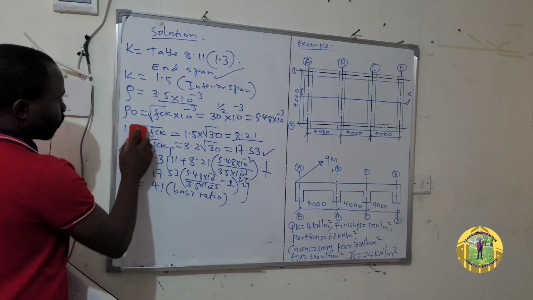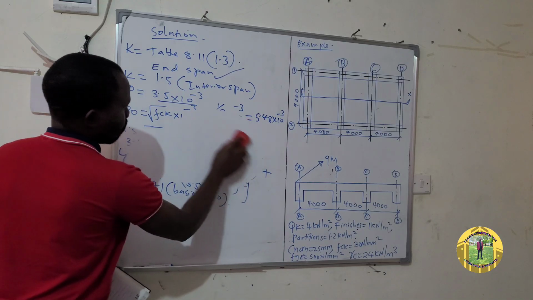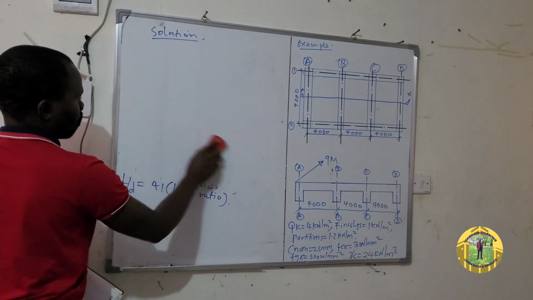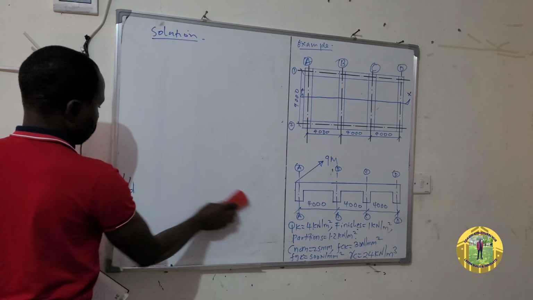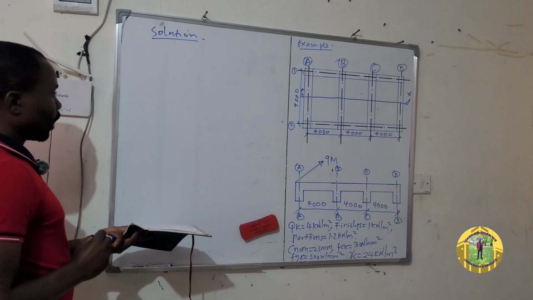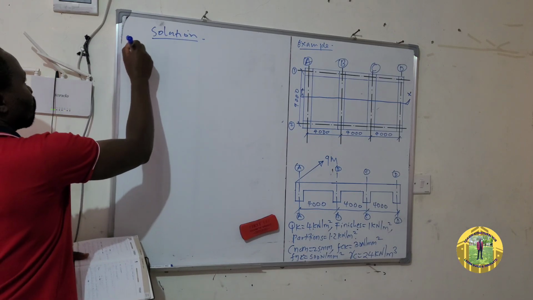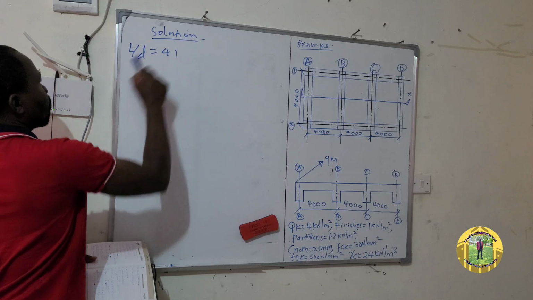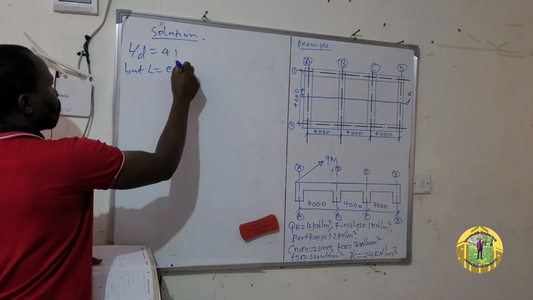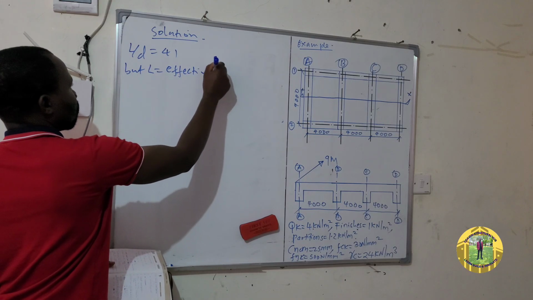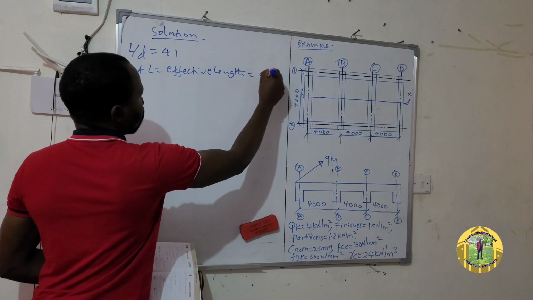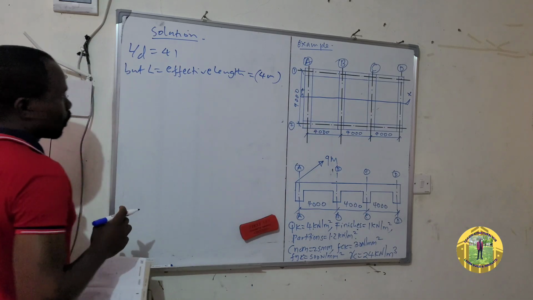Let me erase here. So we know that L over D is equal to 41, but L is equal to effective length, which is equal to 4 meters in our case.